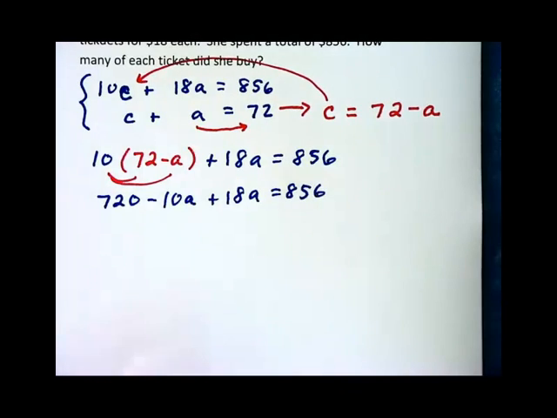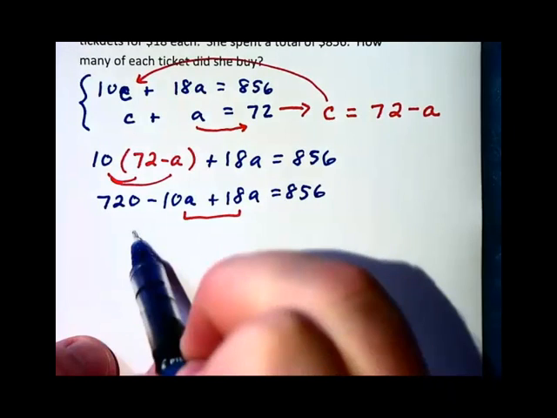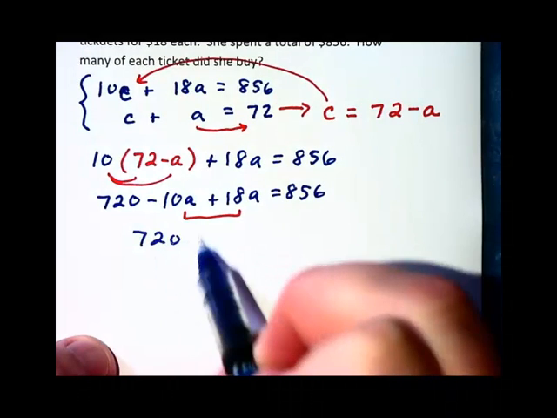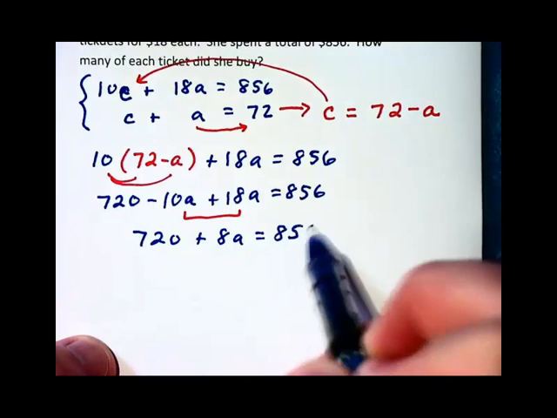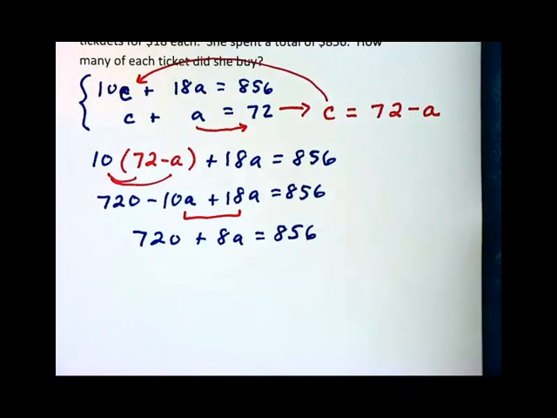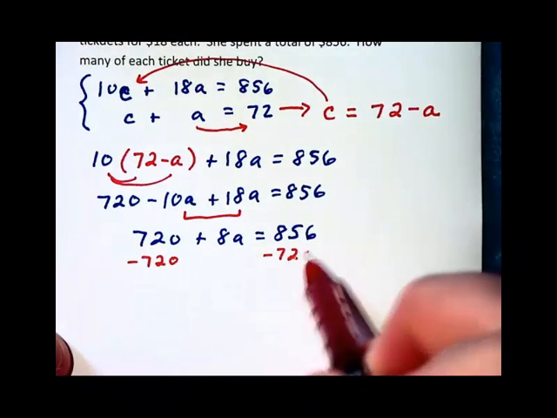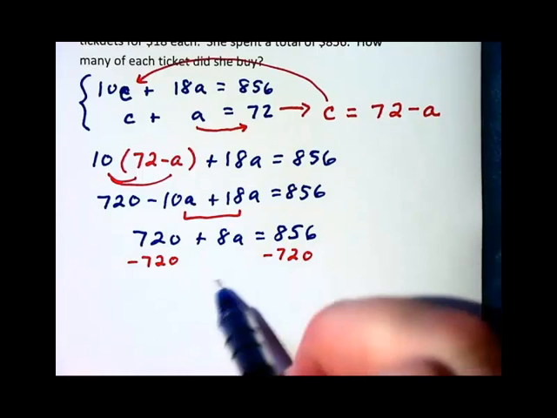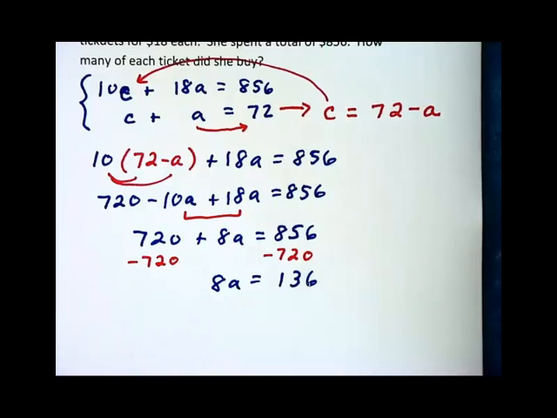We're then going to combine like terms on the left side of the equation. That will give us 720 plus 8A equals 856. I will then subtract 720 on each side of the equation. We will now have 8A equals 136.